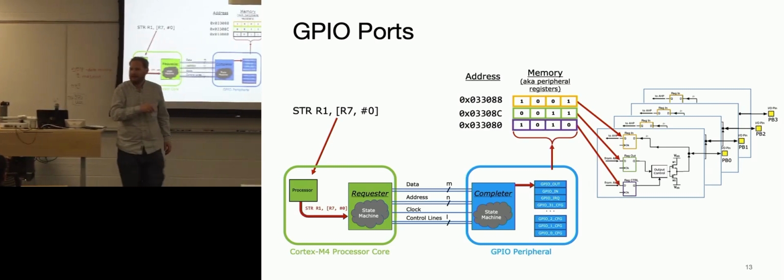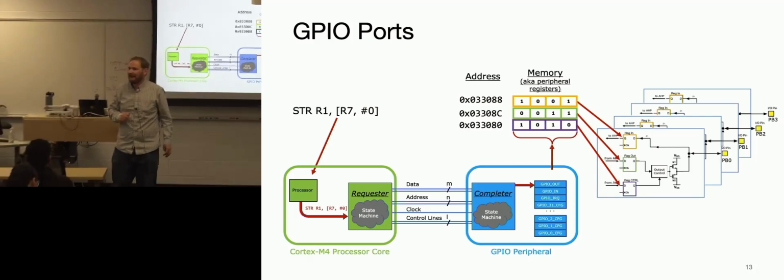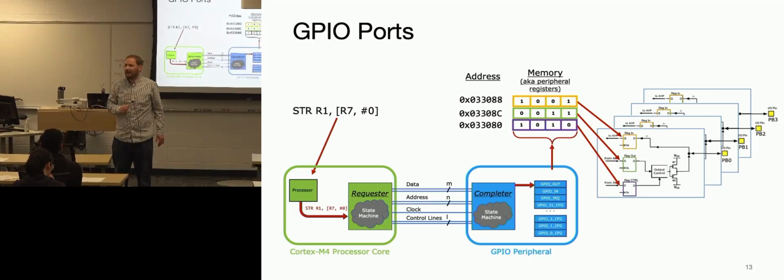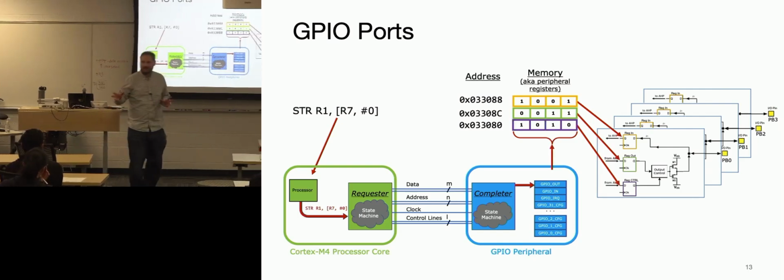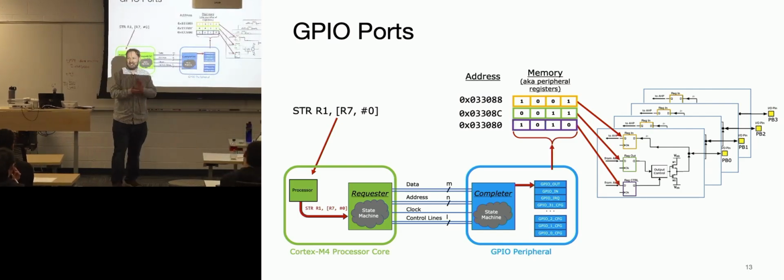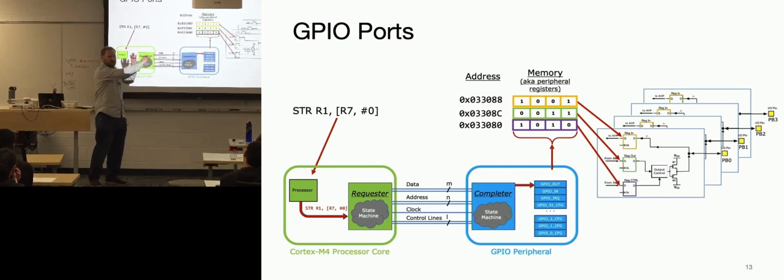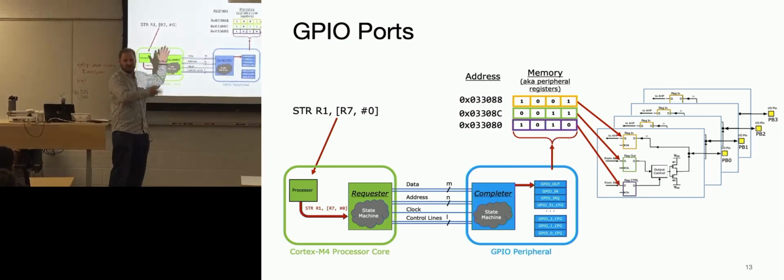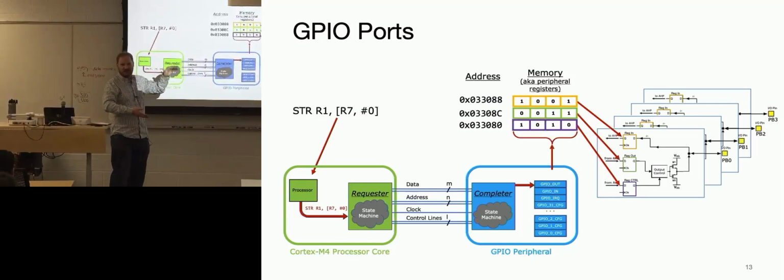Would it be correct to say that the state machine on the requester side of things would be the implementation of that long memory diagram that we have with all the different points in memory so it knows where to go, or is that unrelated? It's related. That memory diagram, remember the one where they had lots of reserves and it was very confusing because why did ARM lay it out and then the STM and all the manufacturers do whatever they want anyways?